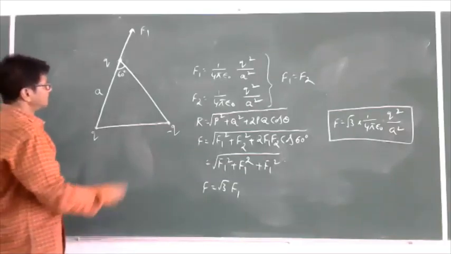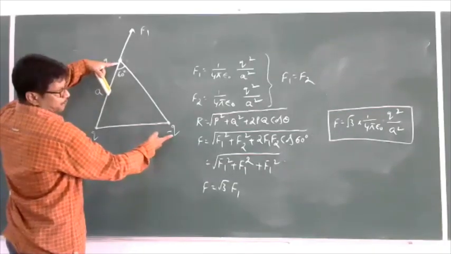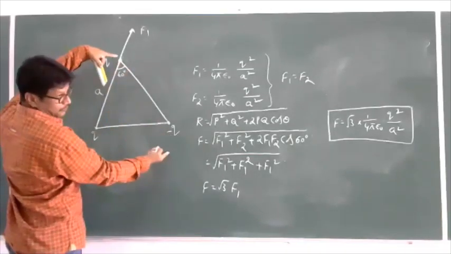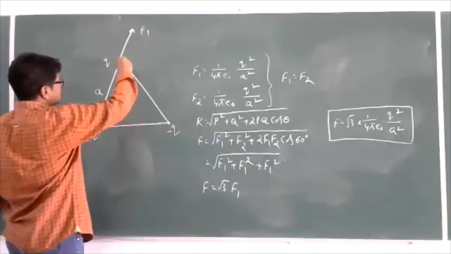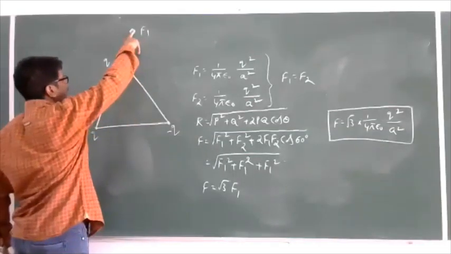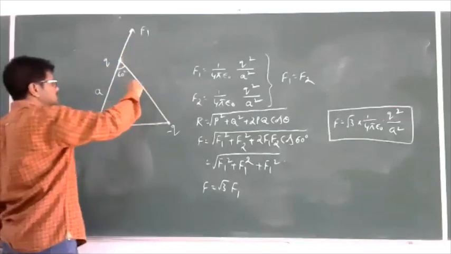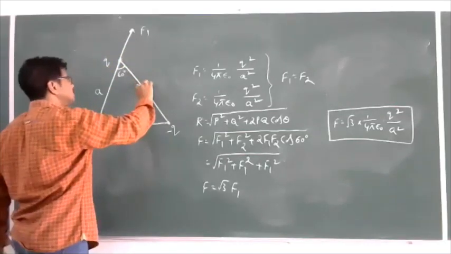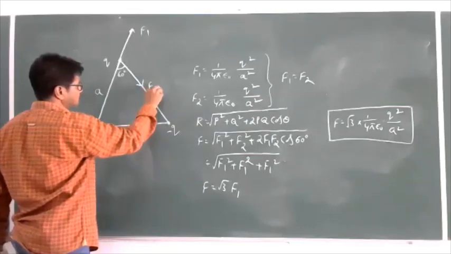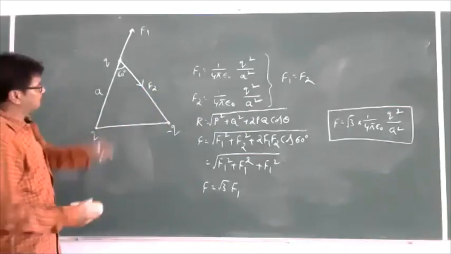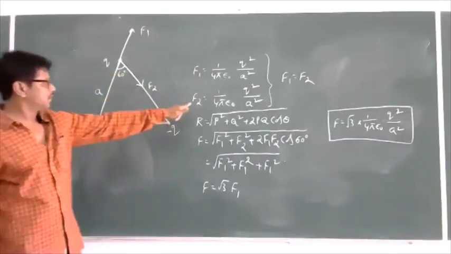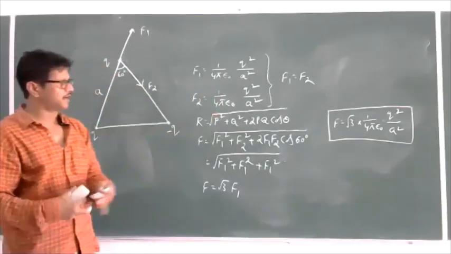Now, between these two, the force is an attractive force. Since it is attractive, the force F2 will act like this. This is F2. F2 is the force between this plus Q and minus Q. What is the formula? 1 by 4 pi epsilon naught.